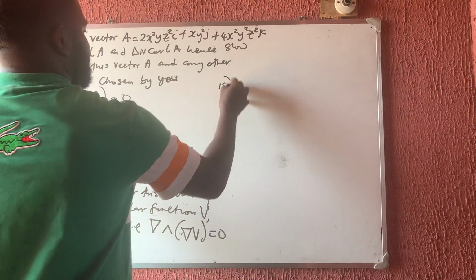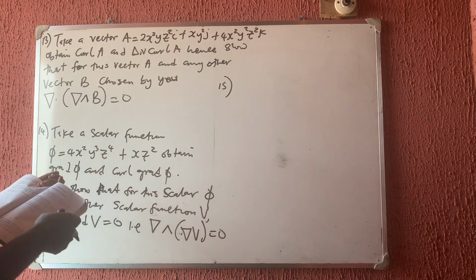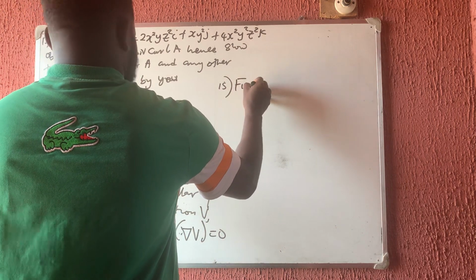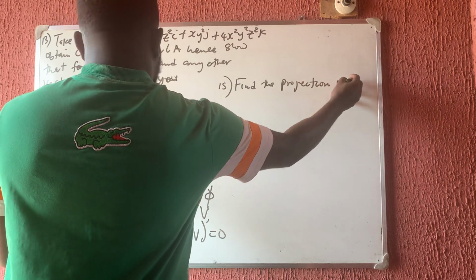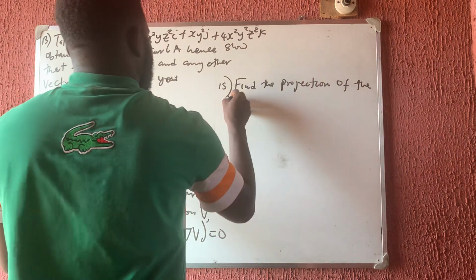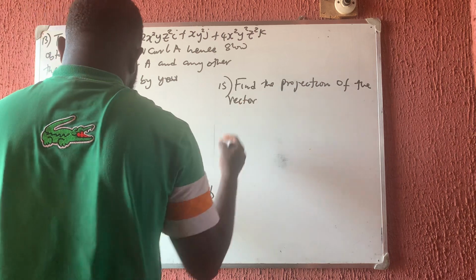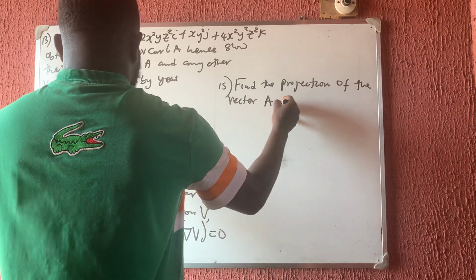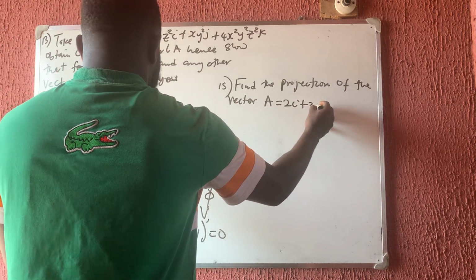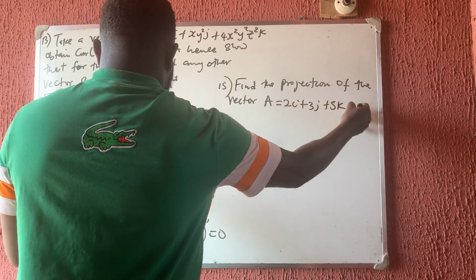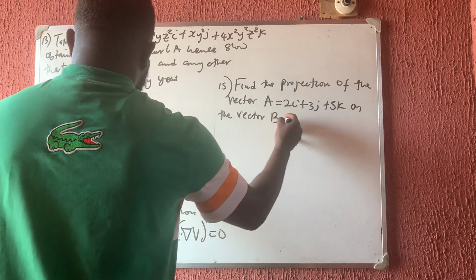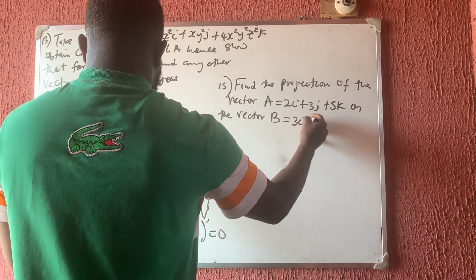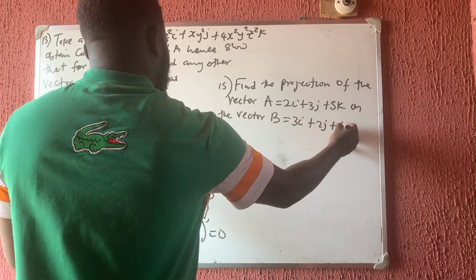So question number 15. Number 16 says: find the projection of the vector A, which is equal to 2i plus 3j plus 5k, on the vector B, which is equal to 3i plus 2j plus 6k.